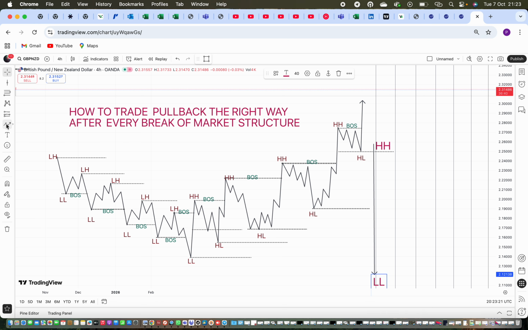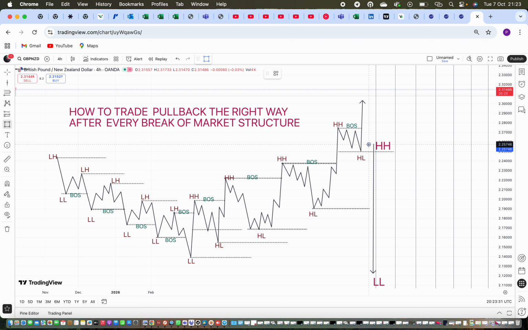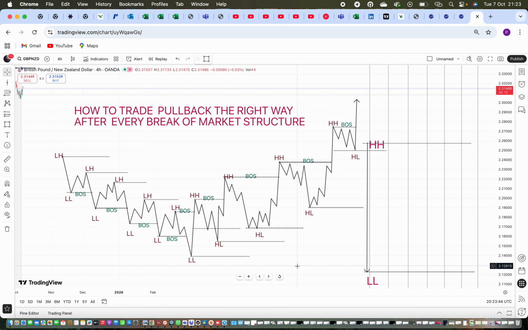So I'm also going to be marking this as a high point, and also going to be marking here, all right? So what does this have to do? This is this point and this is this point, all right?